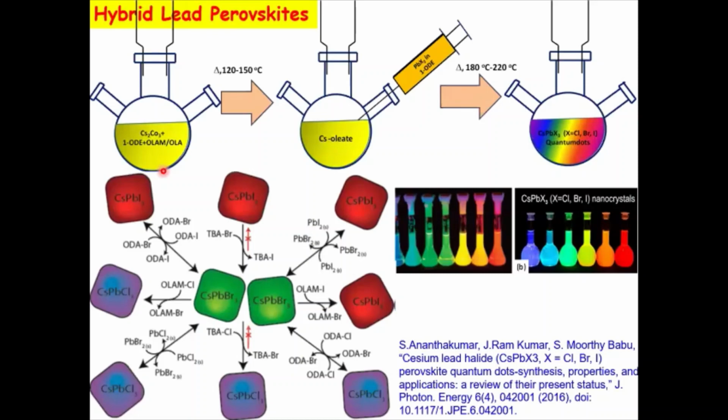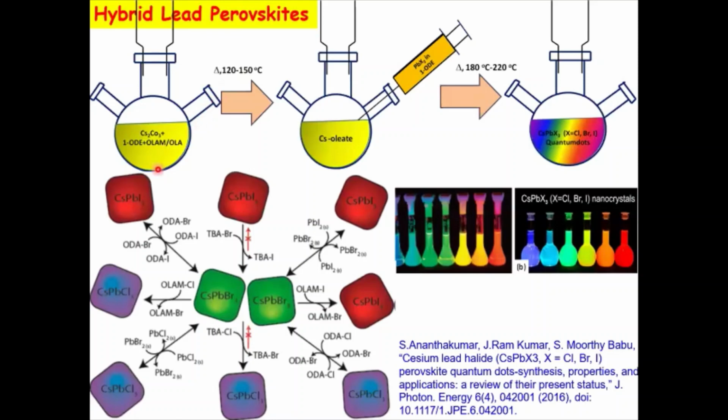Okay, this is cesium carbonate in 1-octadecene with an oleylamine and oleic acid mixture, heated close to the boiling temperature of oleic acid, which is 150 degrees, and then lead iodide or lead bromide is slowly added onto the other arm.